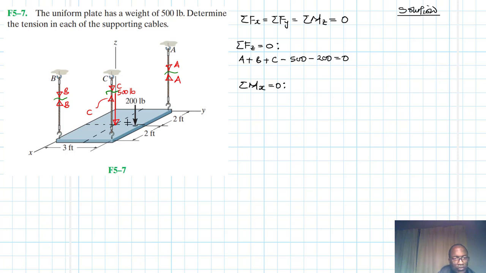Which forces are going to cause moment about the x-axis? Tension C, tension A, and then the weight 500 and the applied force 200. So we are going to use the right hand thumb rule to determine the direction of moment.